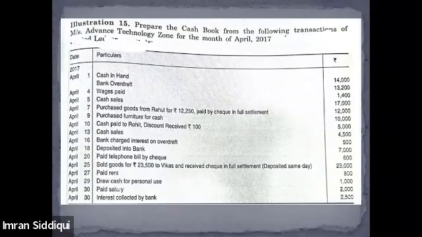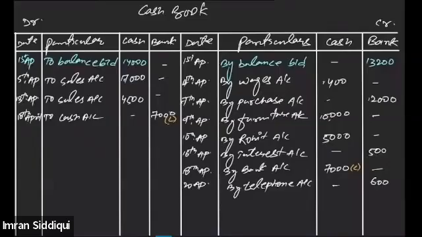And then sold goods of 23,500 to Vikas and received check in full settlement. Deposited same day 23,000. So goods that we have sold to Vikas is valued at 23,500, but we just received 23,000. So on 26th of April, to sales account, right?